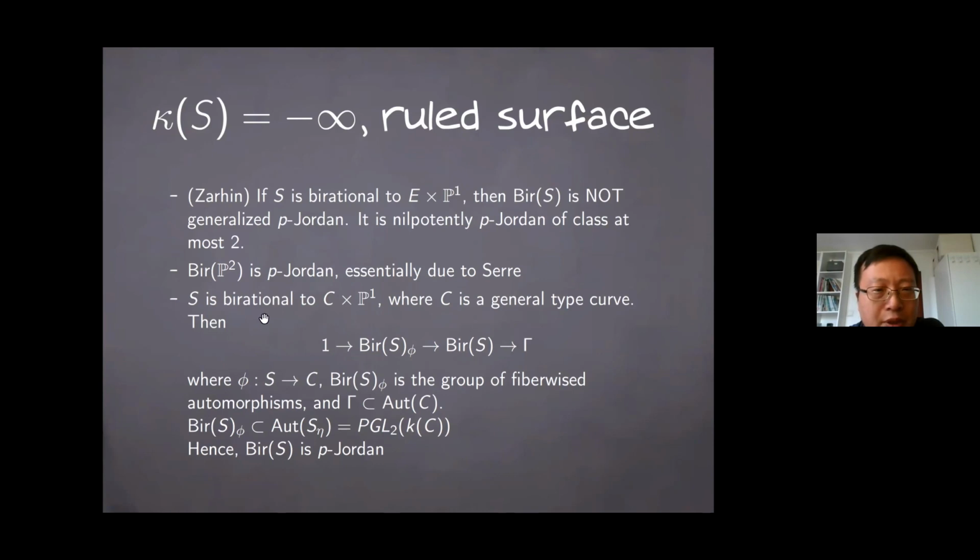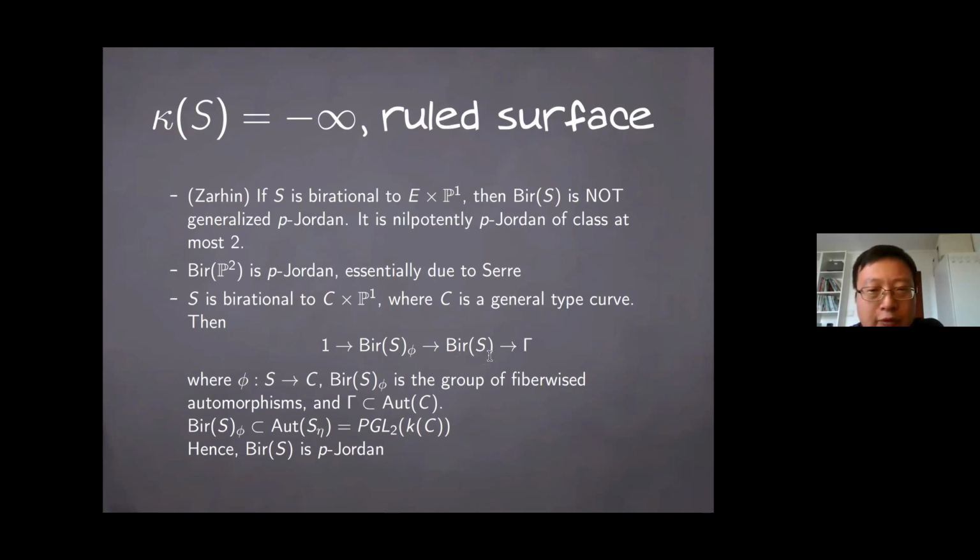The last case: if S is birational to C cross P1, where C is a general type curve, then we have a natural exact sequence.